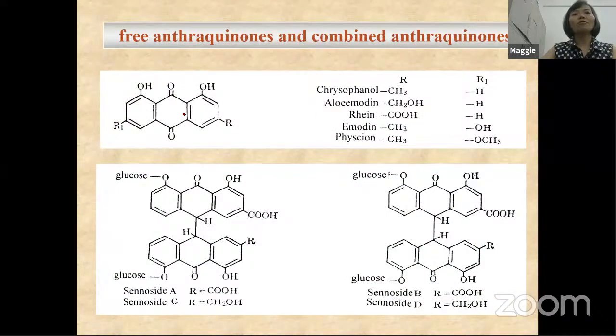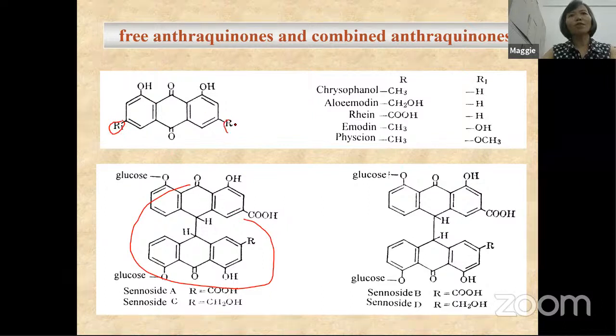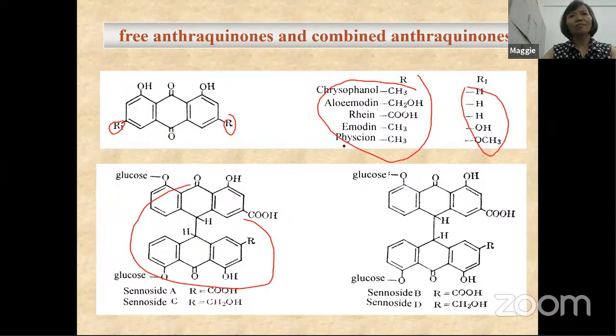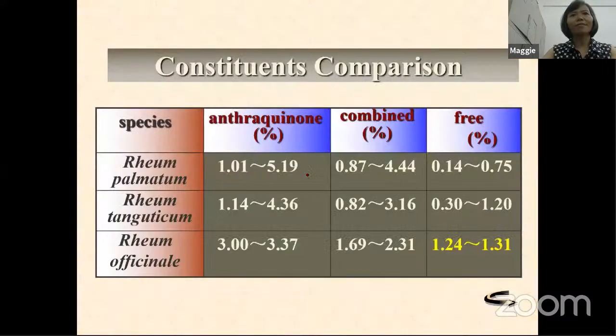So these are structures of free anthraquinone and combined anthraquinone. Here is the R group and R1 group. Different groups, different constituents. Here, constituents are compared among these 3 species.